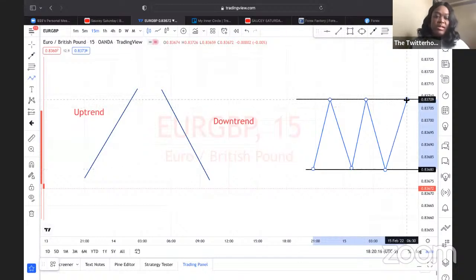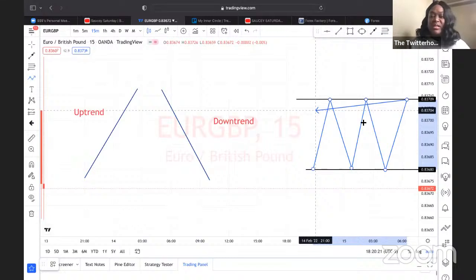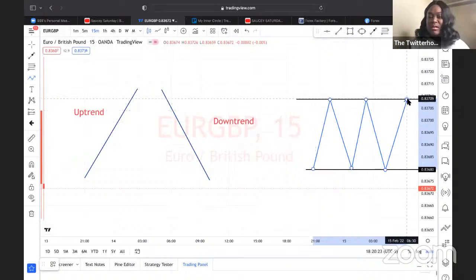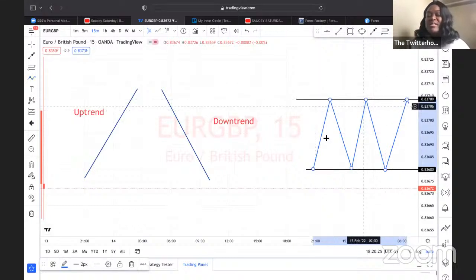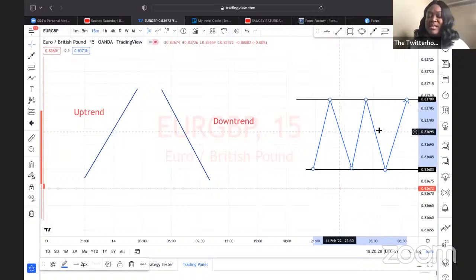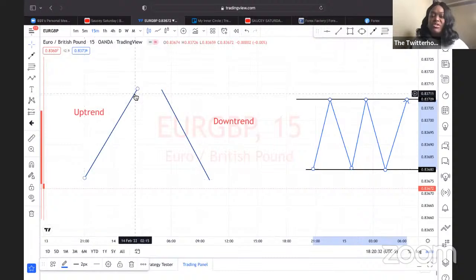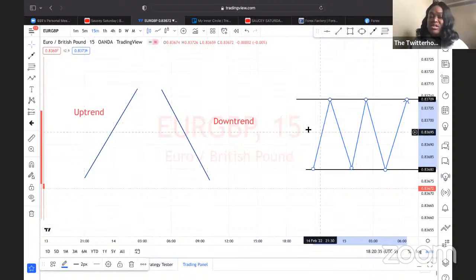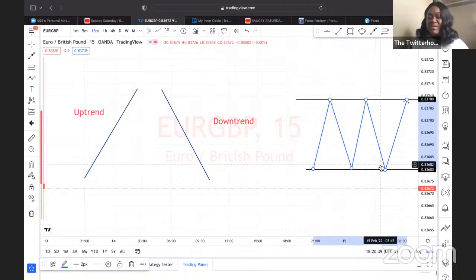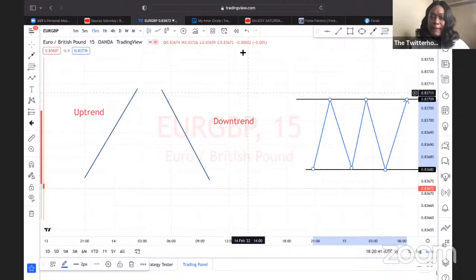So today we're going to focus more on the uptrend. But when price is moving sideways like this, does anybody know what it's called? We know when it's moving up, it's an uptrend. When it's moving down, it's a downtrend. What's it called when it's just moving up and down within a specified area?